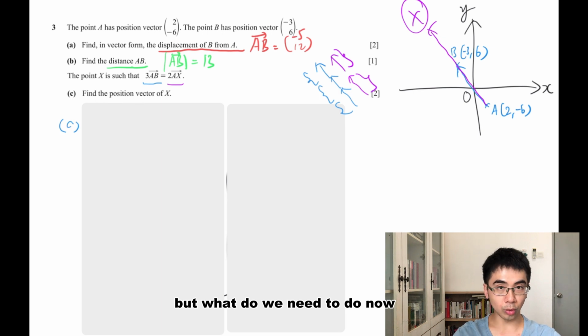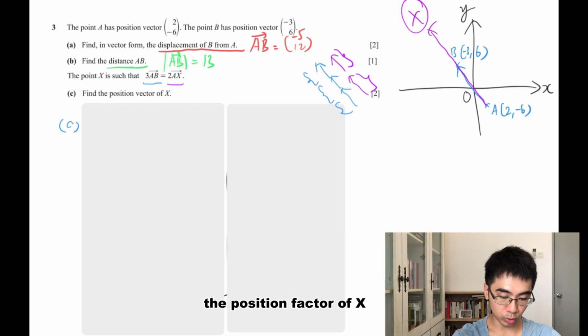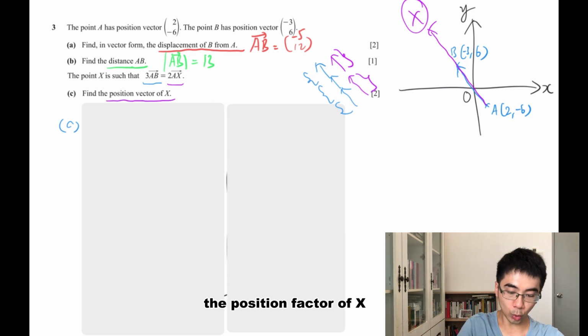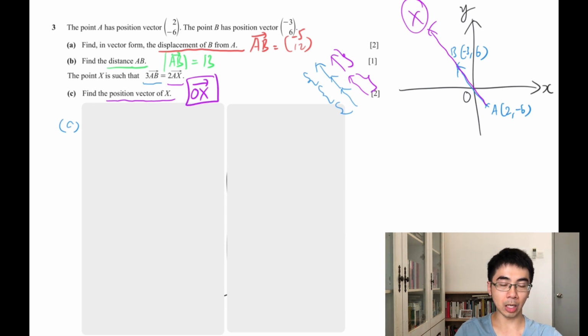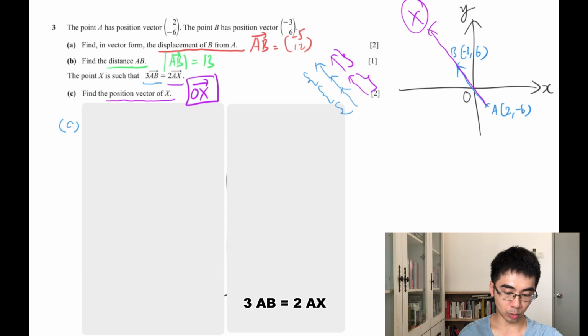But what do we need to do now? This question is asking about the position vector of X, which is OX. We start from the equation we got, 3AB is equal to 2AX.